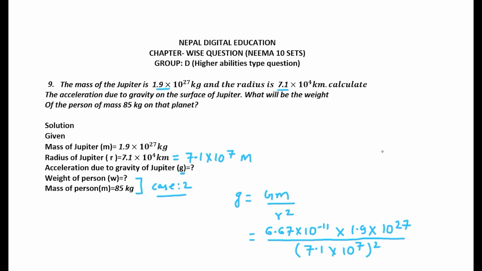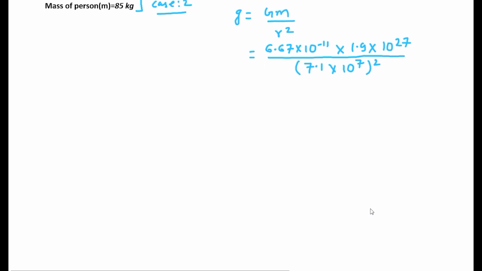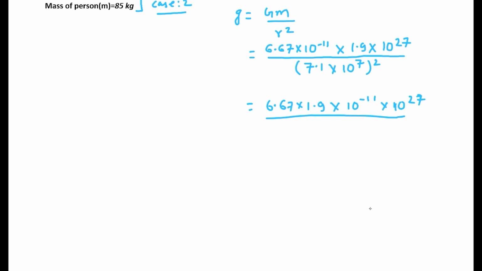So solve it. First of all, arrange it: 6.67 into 1.9 and 10 to the power minus 11 into 10 to the power 27. Here 7.1 whole square means 7.1 into 7.1, and 10 to the power 7 square means 10 to the power 7 into 10 to the power 7.